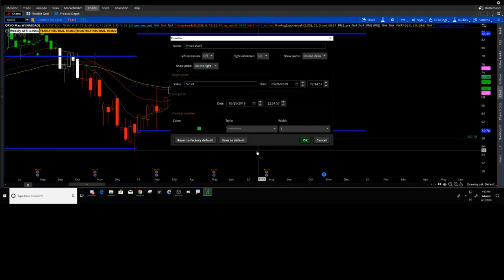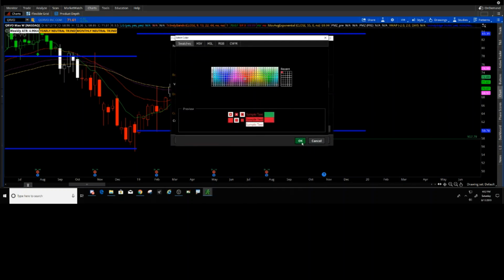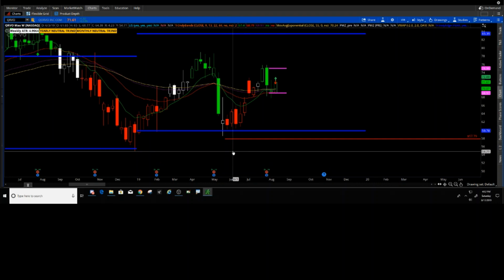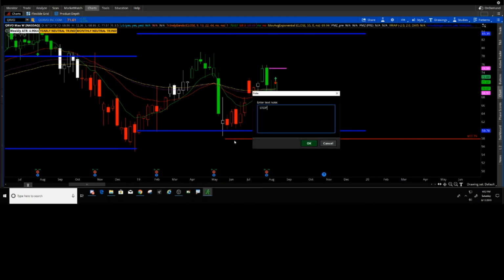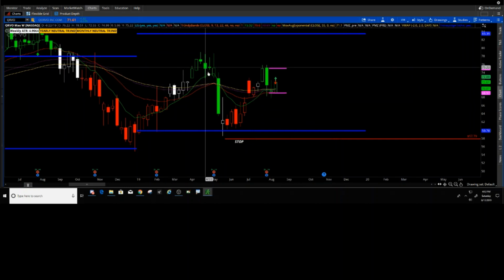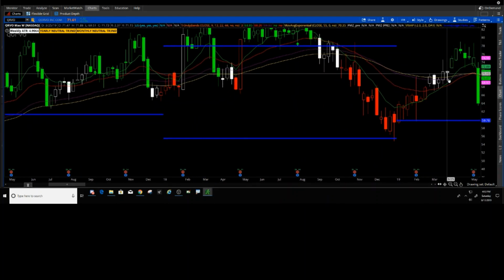Let's go ahead and make this red. And yes, I would expect everyone to put this kind of time into their setup before they get started. We would put the stop here and just annotate this, okay? So when price is ready to come down here, we're looking at it like this.